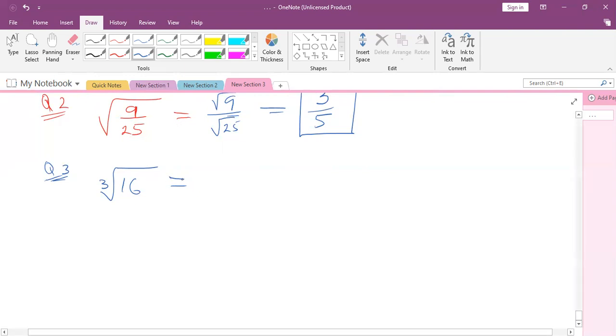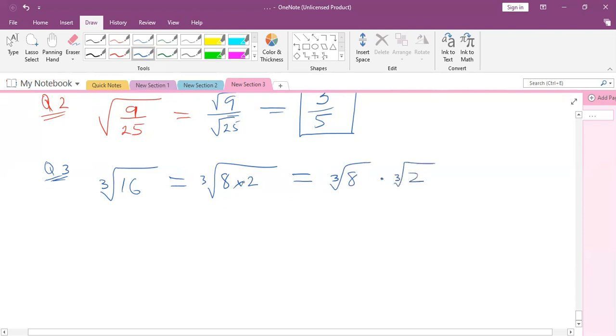When I look at this, I know 16 is made up of 8 times 2, that's 16, right? And I can take the cube root of that. I know that 8 has a cube root. The cube root of 8 is going to be 2. If you split this up, just as we did in question 2, I can say that this is the cube root of 8 times the cube root of 2.